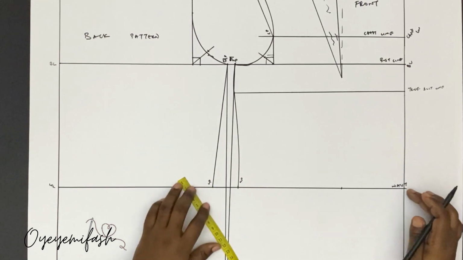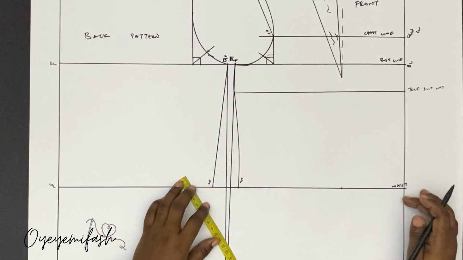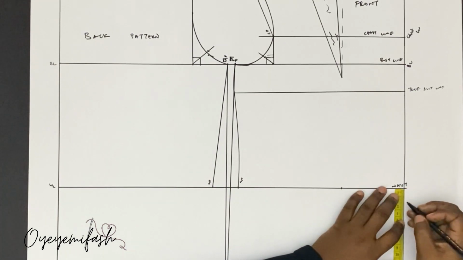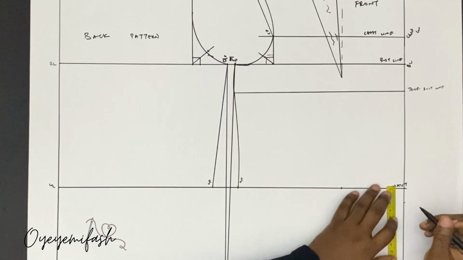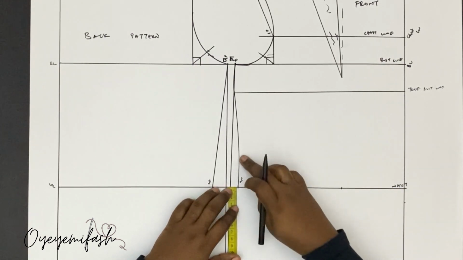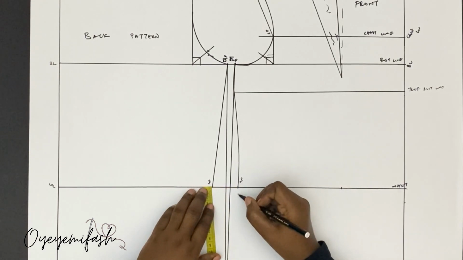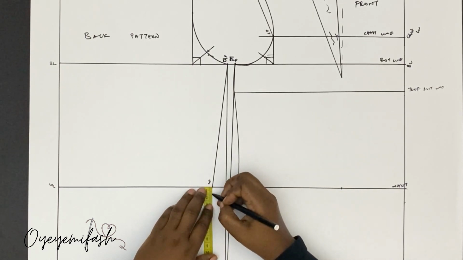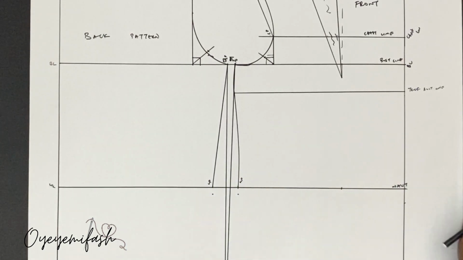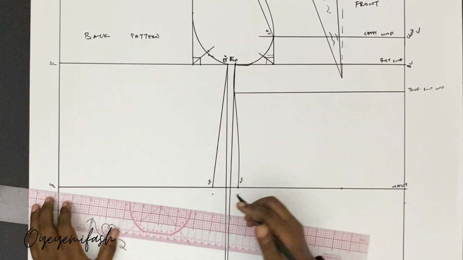On the waistline, we'll go down by 1 to 2.5 centimeters on center front, depending on the size. Then at the waist point, we go down by 1 centimeter for the front pattern and then 1 centimeter at the back pattern. So I'll connect this together.